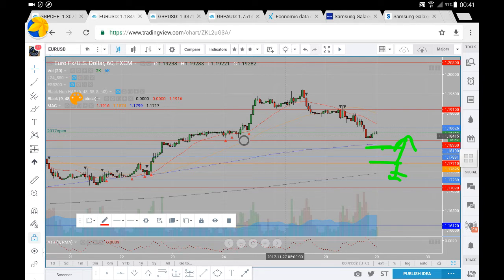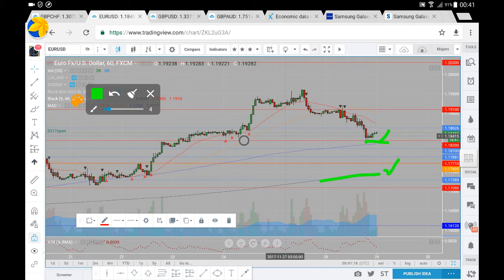Now, if we do successfully navigate the 1771 level, we are potentially looking for a move down to the 1728. Before we get there, we have to be aware of the 400 period moving average, marked out here in black, as it may act as a dynamic level of support, as would likely the 200 period moving average. If we do successfully navigate the 1728, we'll be looking for a move down to 1710.